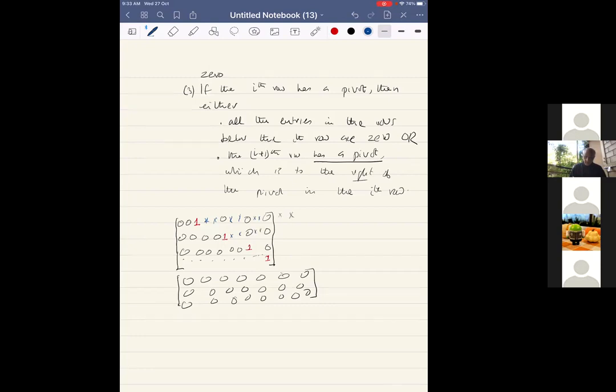And here it can be anything. So all the blue things can be anything. So this is one way of visualizing matrices in row echelon form.